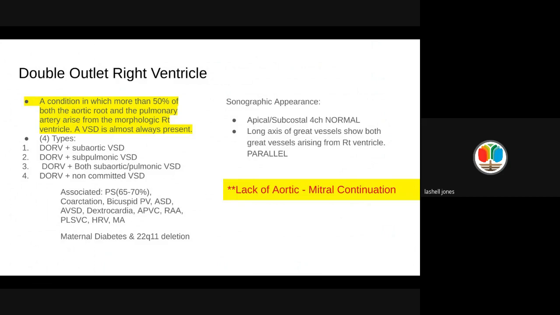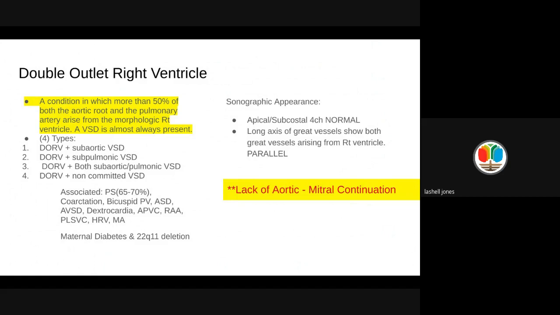There are 4 types with this one as well. So double outlet, and it's either a subaortic VSD, a subpulmonic VSD, or you're going to have both, or non-committed. Now, almost always a double outlet right ventricle would be associated with pulmonary stenosis, up to 70%.